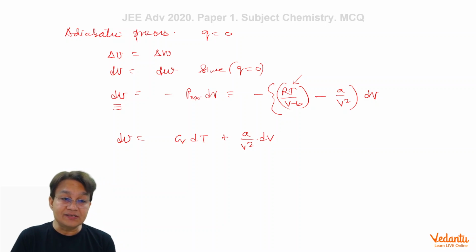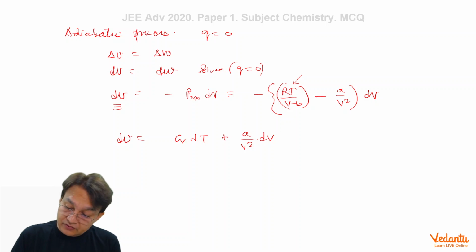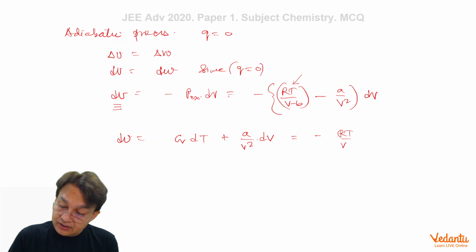We cannot discuss right now where this term comes from, but for the justification of this problem, that is equal to minus RT upon V minus b minus a by V square into dV. So you can see that this term is going to be cancelled.